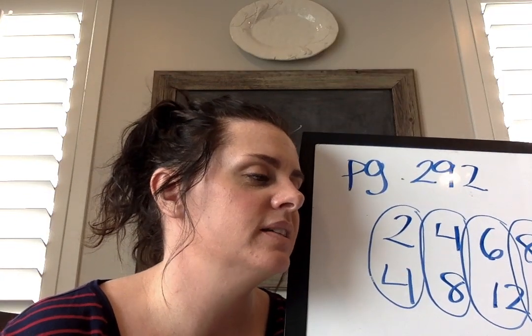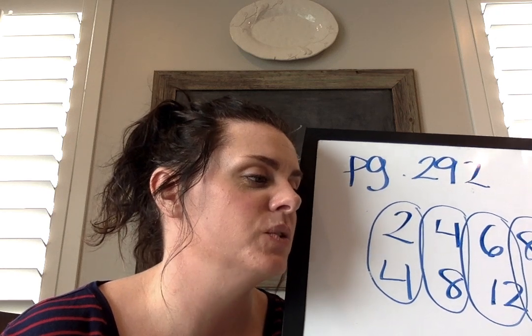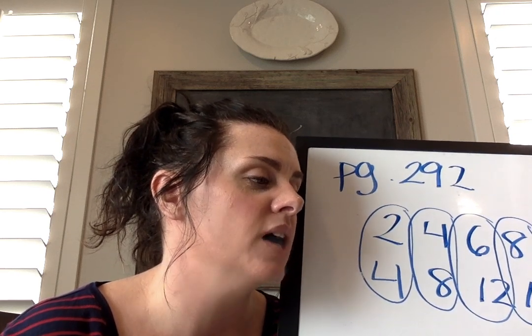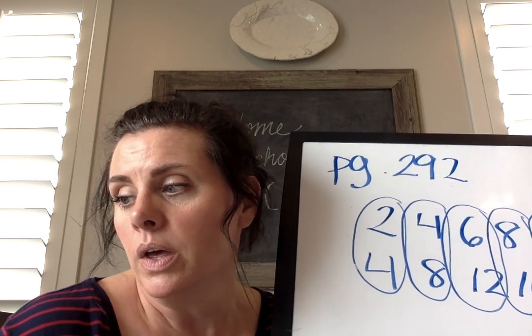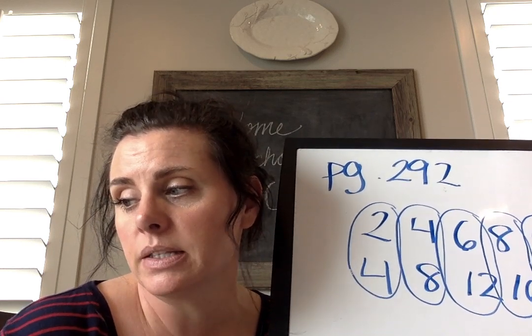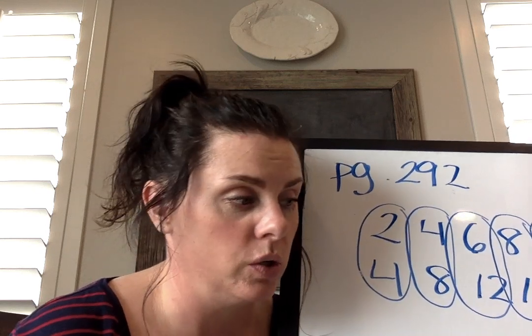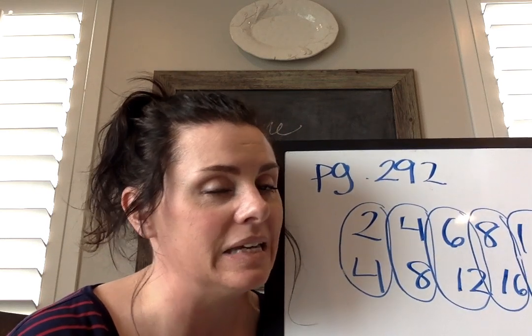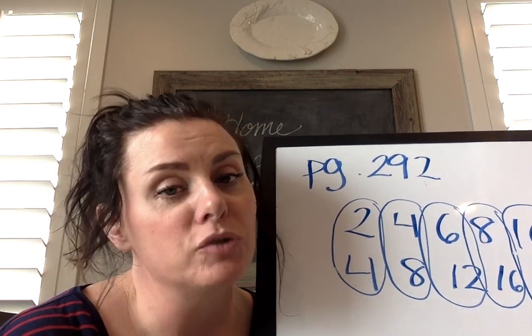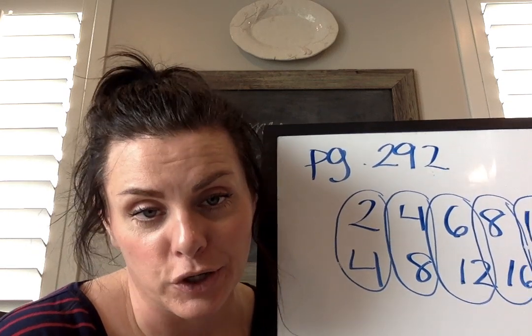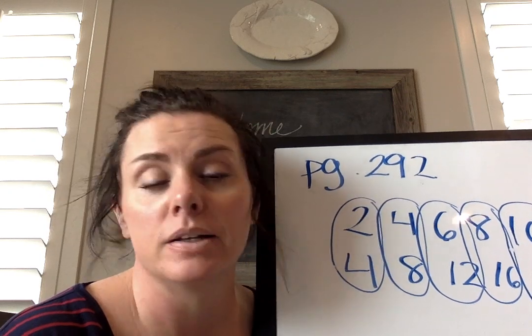It's telling us, how does the term in the top pattern compare with the corresponding term in the bottom pattern? Well, the top term is the bottom term divided by 2. And then if you look at 4D, we can say the bottom term is double the top term.